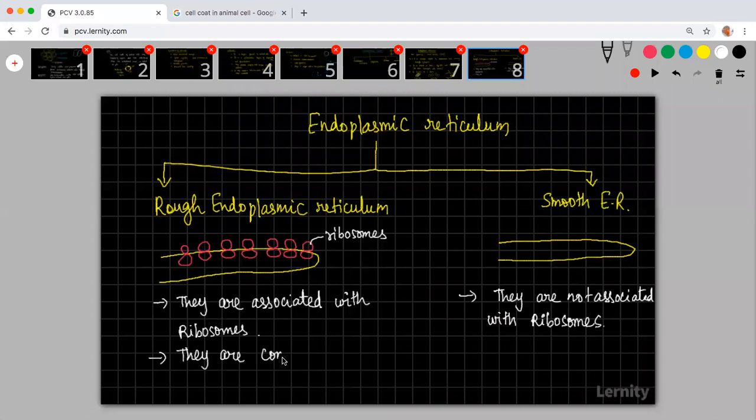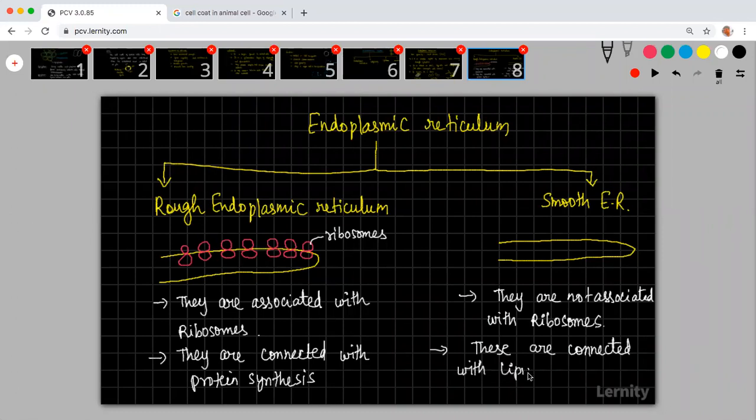Smooth ER is connected with lipid or steroid synthesis.